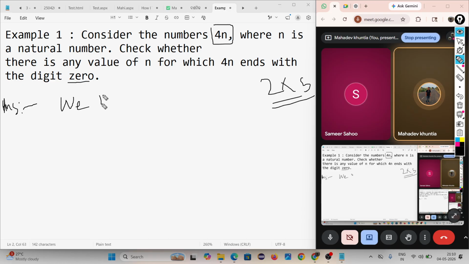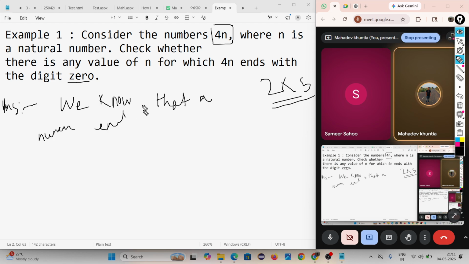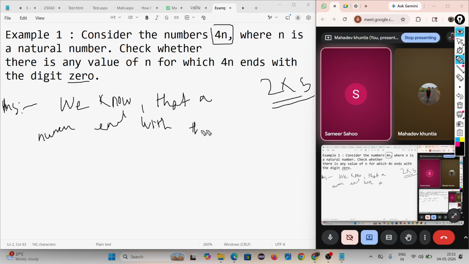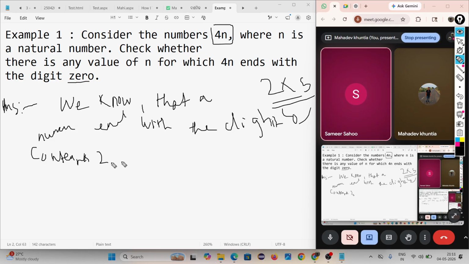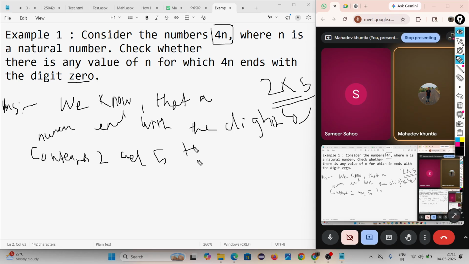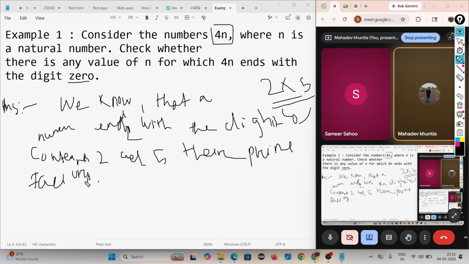So I can write the answer as: we know that a number that ends with the digit 0 contains 2 and 5 as its prime factors.